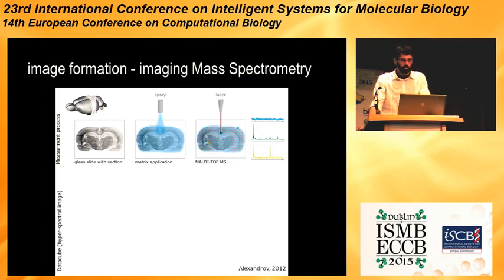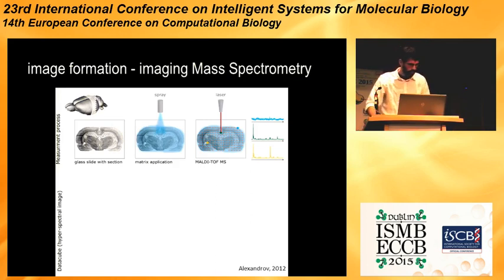This laser causes a small explosion at some point on the sample, and the material from this explosion is then transported to a mass spectrometer where it's analyzed. Essentially the mass spectrometry separates out the molecules from that point in the sample by separating them according to their mass.